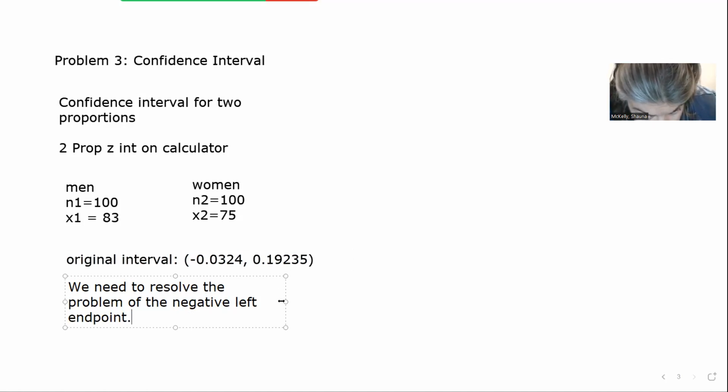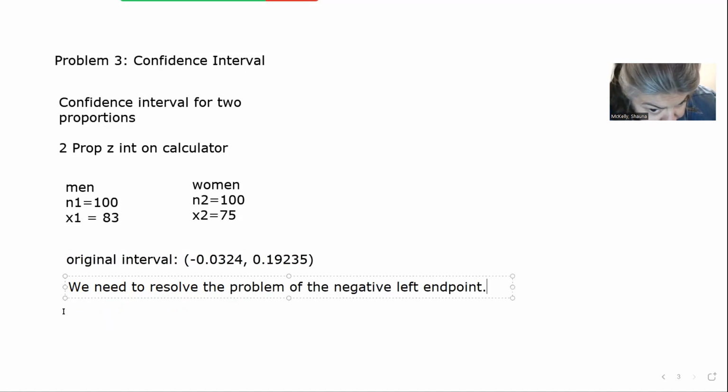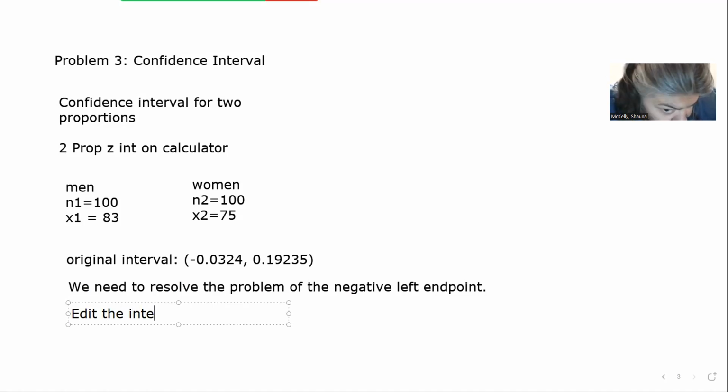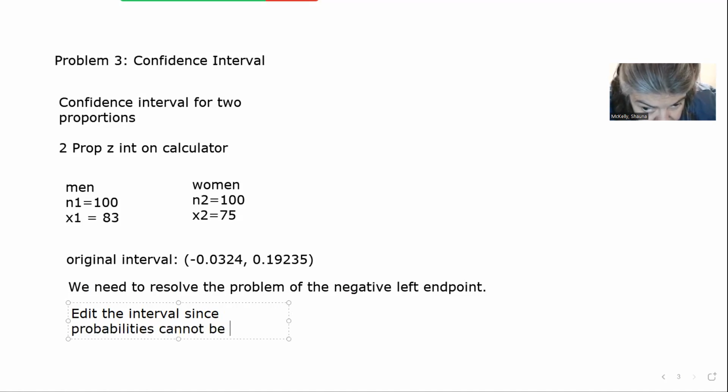So what we're going to do, as I said, if they were both negative, we would turn the groups around. But being that it's only one endpoint, what we're going to do is we're going to take advantage of the fact that probabilities cannot be negative. So she's going to edit the interval, and you're going to report the following.